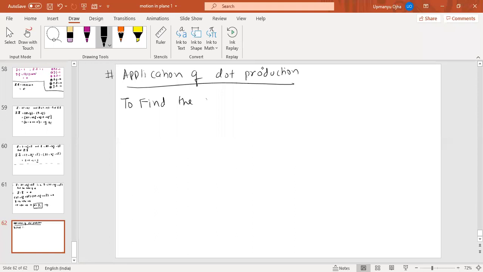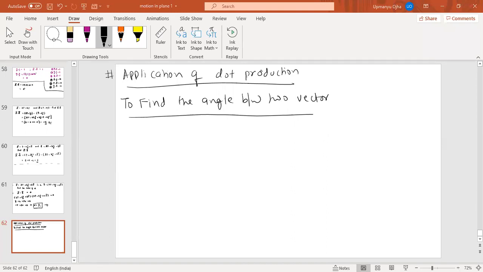One student was asking me again and again how to find the angle between the two vectors. So to find the angle between the two vectors, just think on this point.